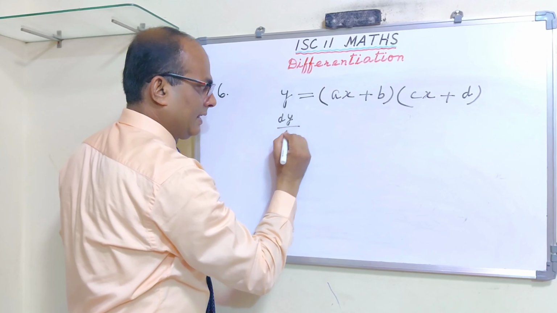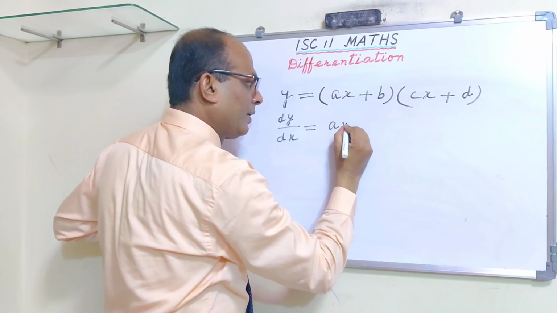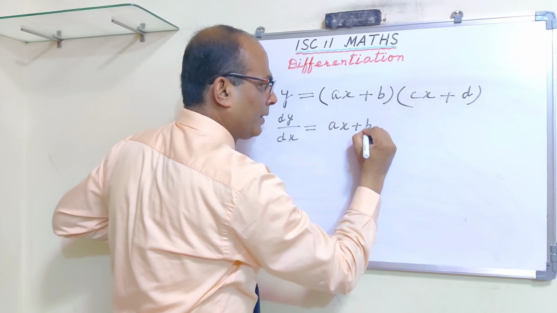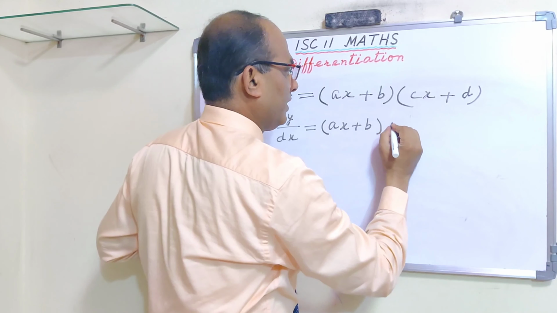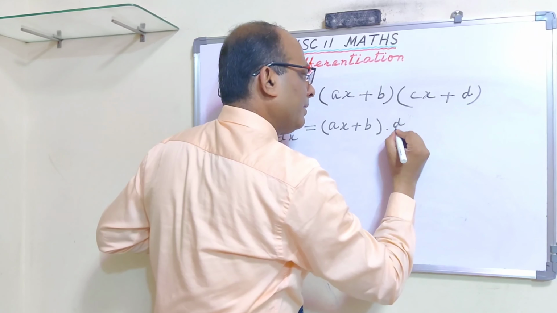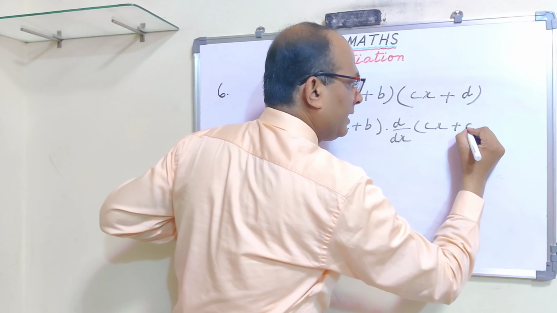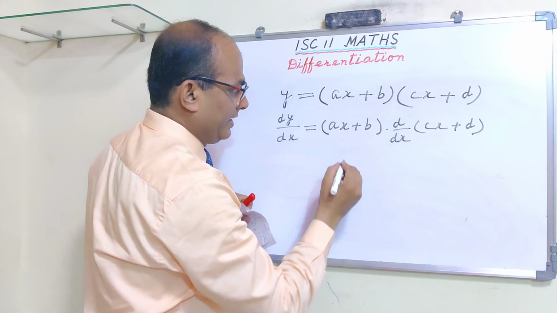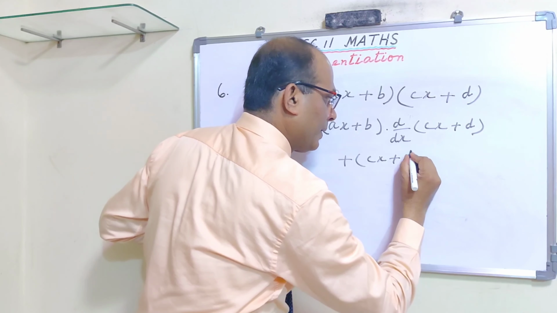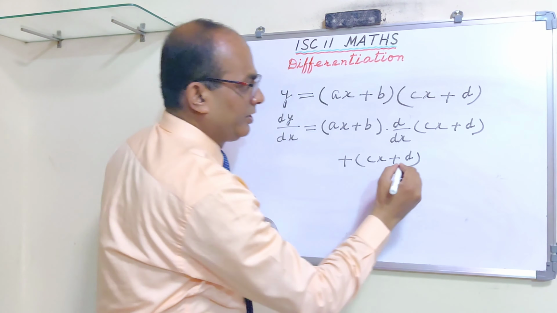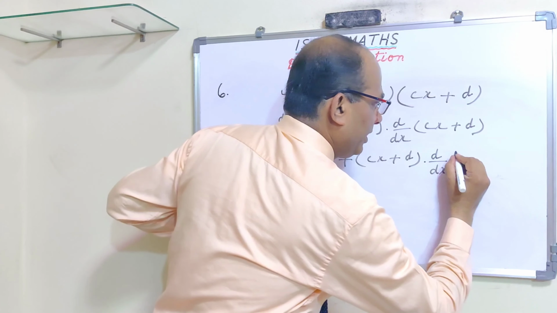So dy/dx is equal to the first function into the derivative of the second, (cx plus d), plus the second function into the derivative of the first, (ax plus b).